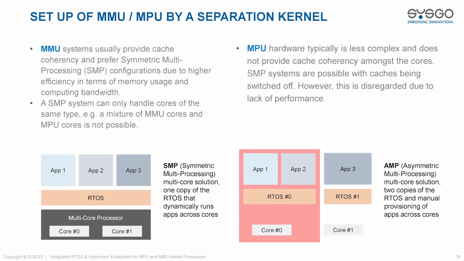For example, a mixture of MMU cores and MPU cores is not possible here. On the other hand, MPU hardware typically is less complex and does not provide cache coherency amongst the cores. SMP systems are possible with caches being switched off. However, this is disregarded due to the lack of performance.